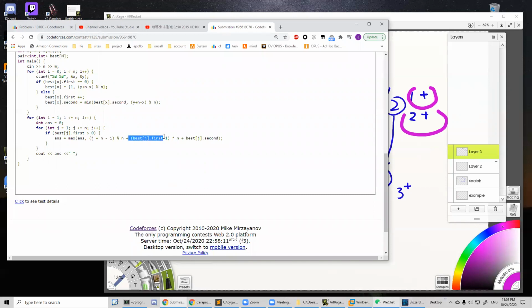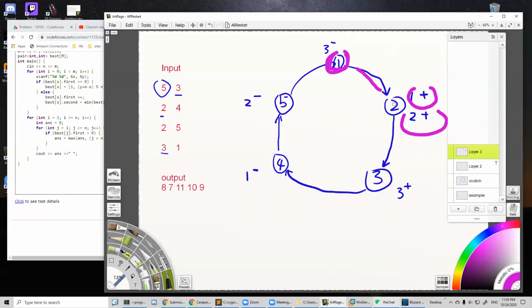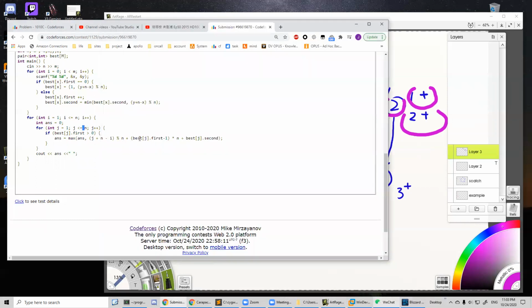The second part is the number of full circles we are going to have for this station. For this station, we have two candies, so we need to cover one full circle, because 2 minus 1 is 1.